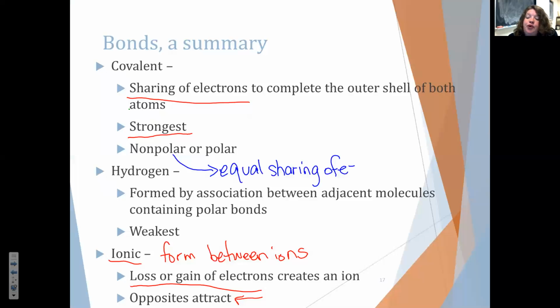Or we can have polar covalent bonds, which is unequal sharing of electrons between the two atoms forming the covalent bond. And then in those molecules that contain polar covalent bonds, we can form these hydrogen bonds.